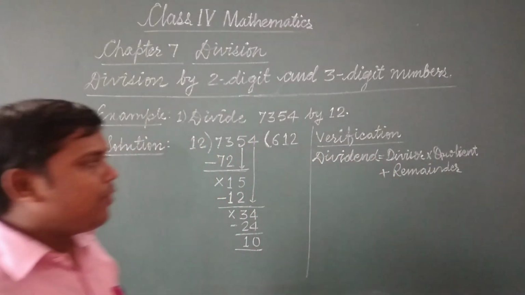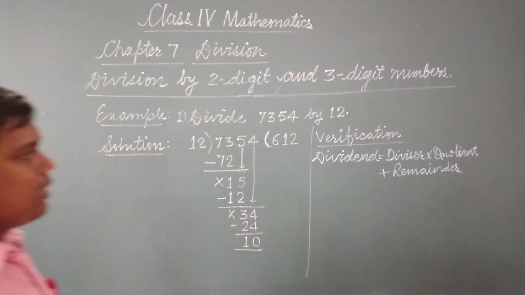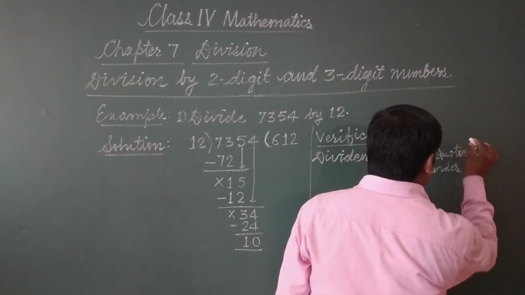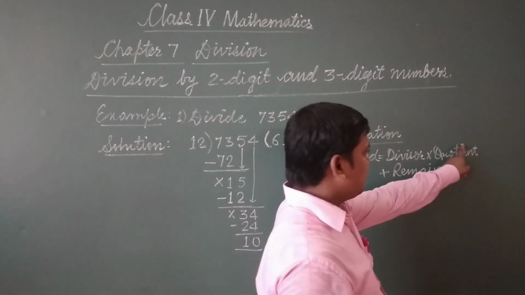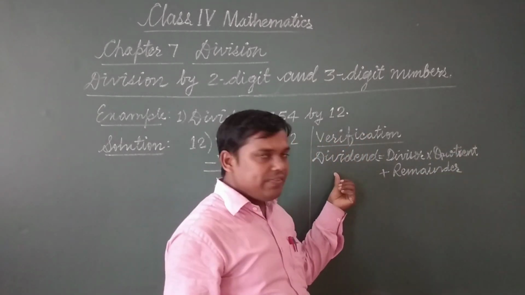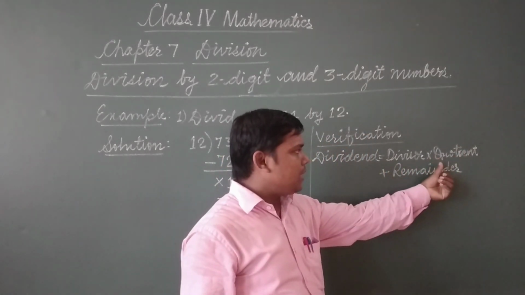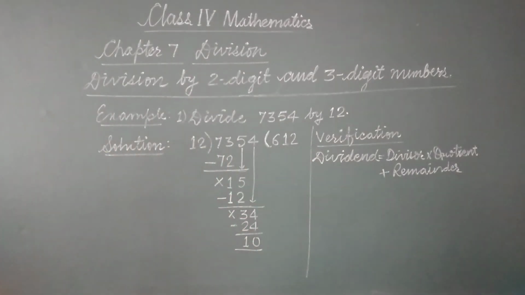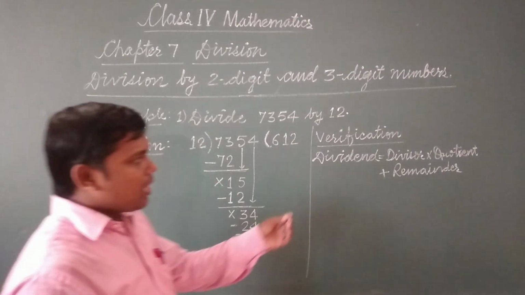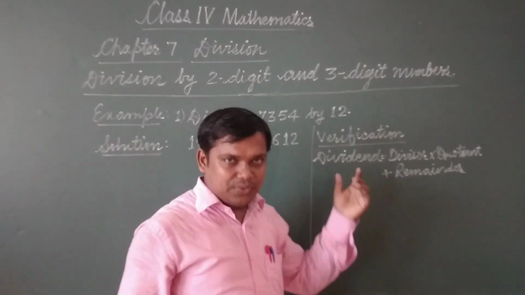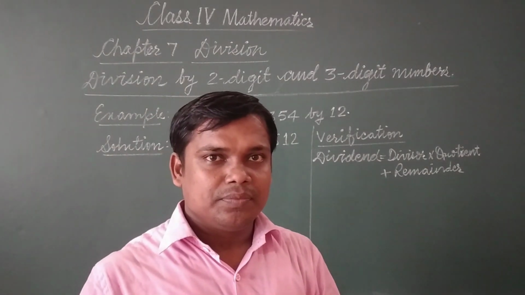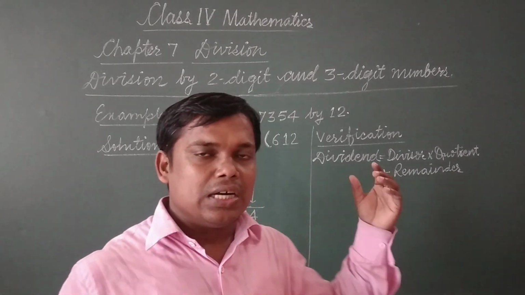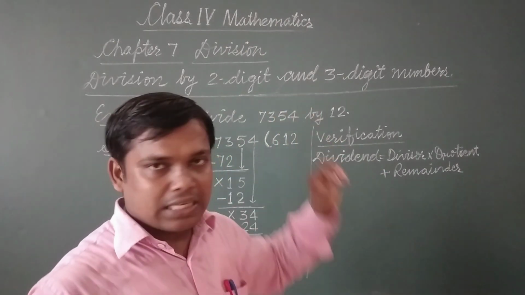Means to check whether our division is correct or not, we write this relation: dividend is equal to divisor into quotient plus remainder. And when we write our divisor, quotient and remainder and we get is equal to dividend, we understand our division is correct.